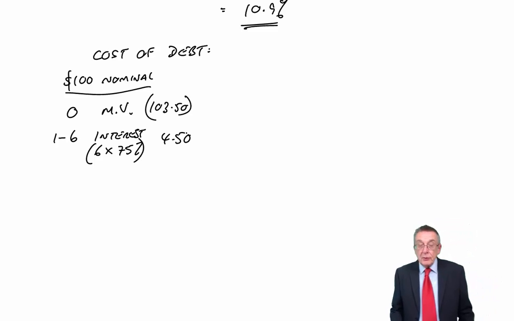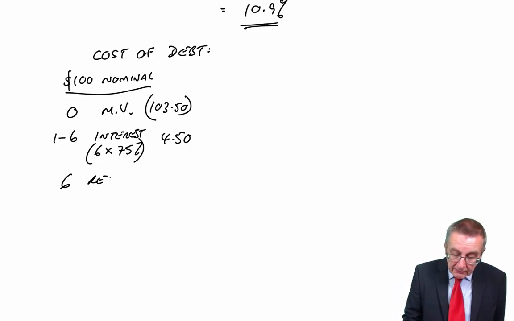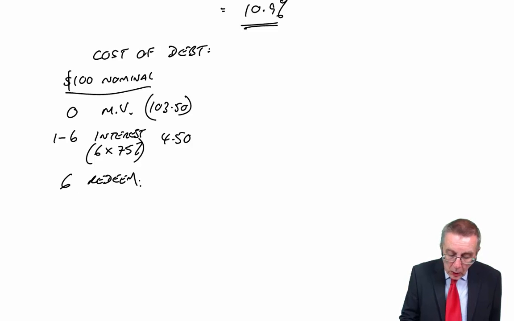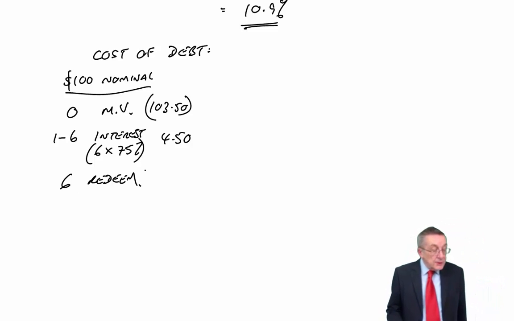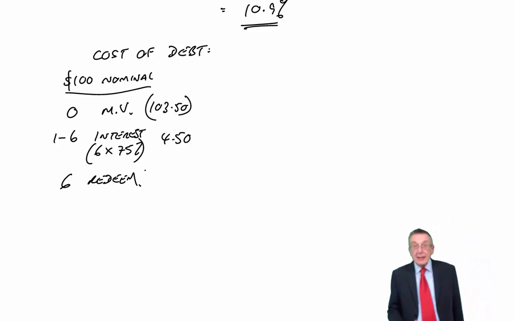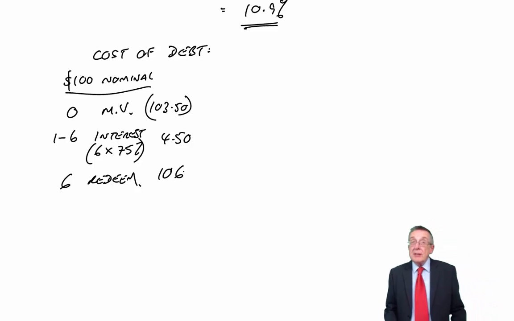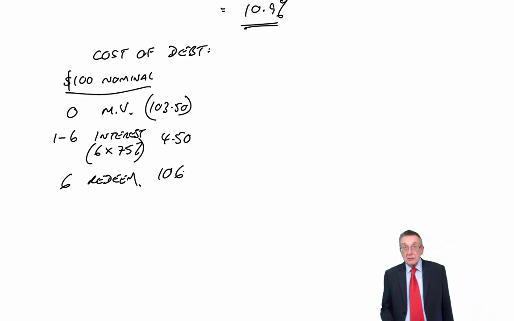So a net of tax of $4.50 a year. In 6 years' time, they're redeemed. And the redemption, it's a 6% premium to the nominal value. So for $100 nominal, the repayment, 100 plus 6%, will be 106. And remember, the redemption isn't tax allowable.